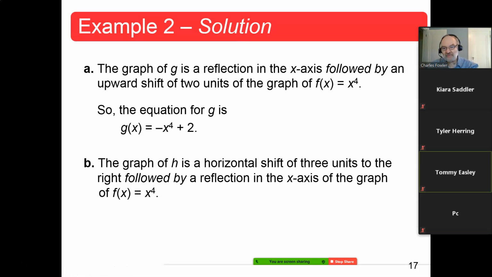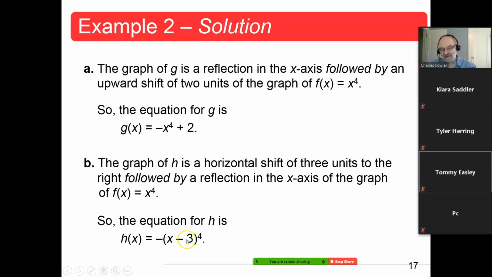That worked perfectly well. So what do we have? Here's a reflection, and there's a shift. Okay? Now, I think I see why they said that, because usually you do what's in parentheses first. Please excuse my dear Aunt Sally. And you would have shifted this first and then reflected.